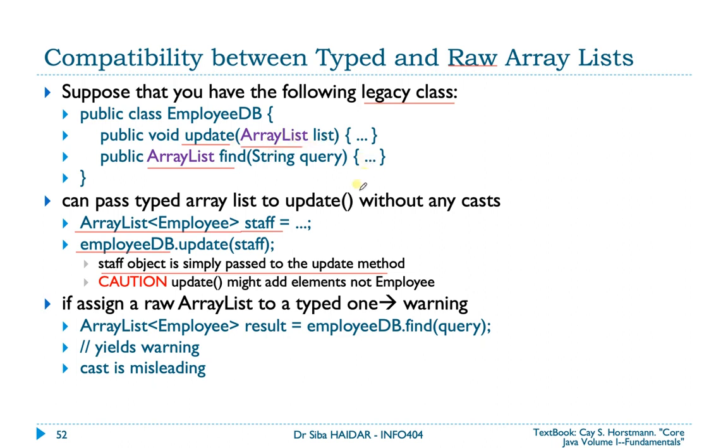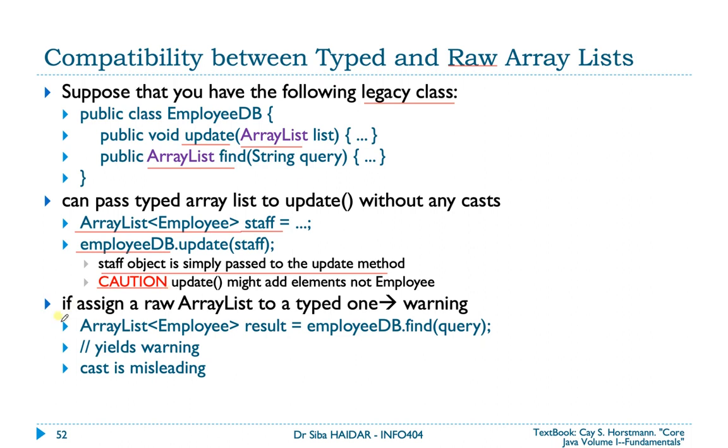It can add, for example, strings. It can add, for example, big integers, etc. So you have to take caution and to know if this is trusted update or no.